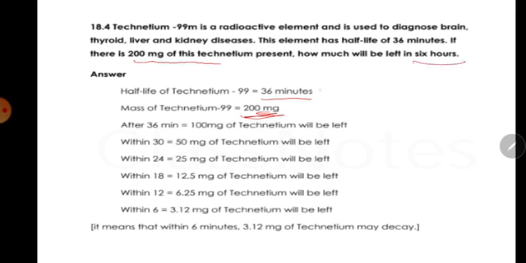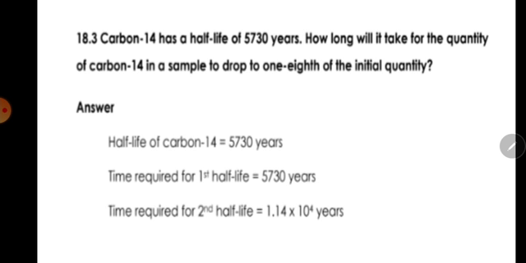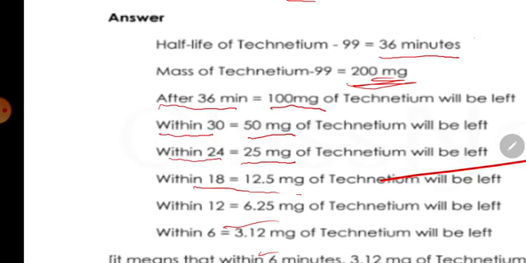So after first half-life the amount will be reduced to half. After 36 minutes, reduced to 100. Next half-life, reduced to 50, and so on. I will do it on the next page. We'll do it on a blank page.